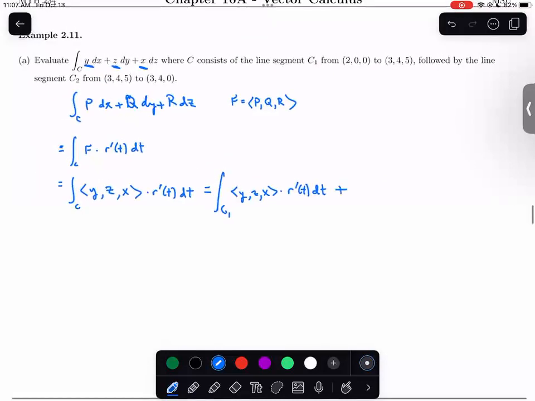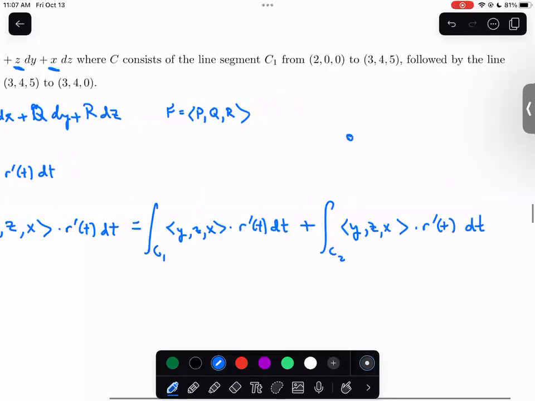Then I will calculate the work done on the second piece of the curve, our second line segment. Again, our vector field is still y, z, x, but this will have a slightly different parameterization. If we sum those together, that should give us the total work done across the entire curve. So we're basically going along one straight line, and then we're going along another straight line.